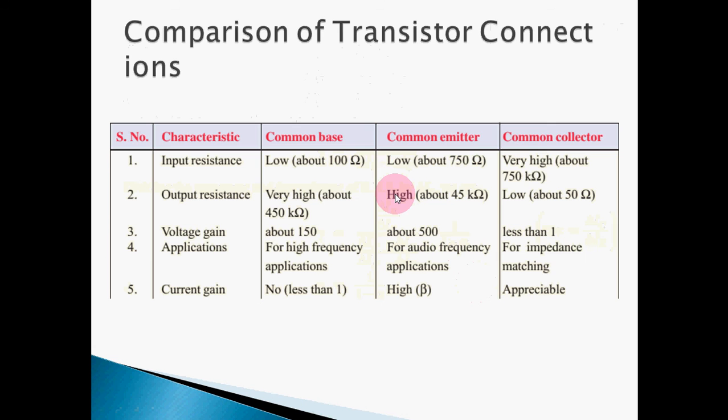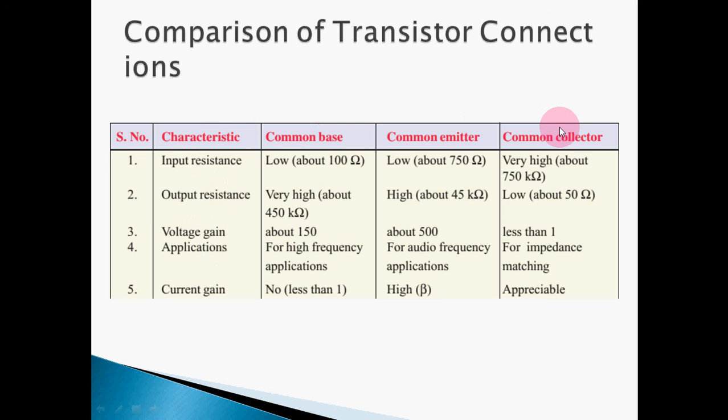The last topic is the comparison of transistor connections. That means we learned about 3 connections: common emitter, common base, and common collector. These are the characteristic points: input resistance, output resistance, voltage gain, application and current gain. And what is the impact for common base, common emitter and common collector?